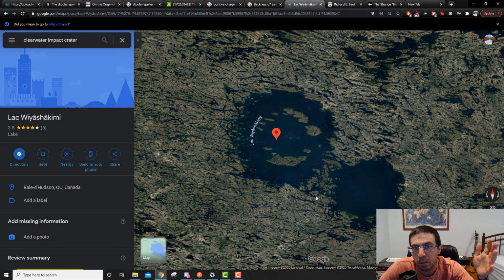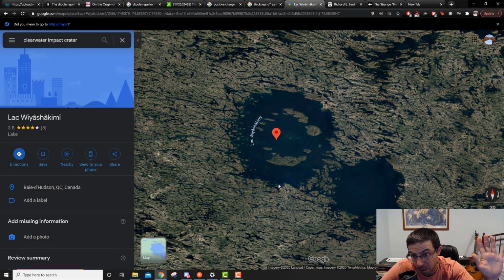That's what they thought. And then they dated the craters, and one crater is like 100 million years older than the other, according to radiometric dating, which is wrong, but that's beside the point.